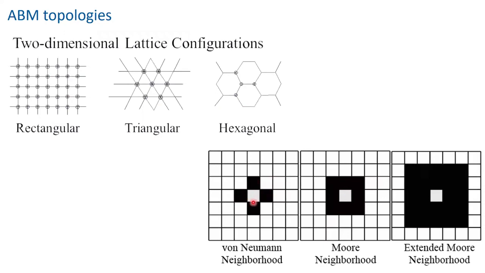This is with whom the central circle interacts, or you can define a Moore neighborhood or even bigger surroundings around the central focus. But of course, it's not necessarily rectangular. You can use triangular or hexagonal grid shapes, and then you define the neighborhoods based on this.